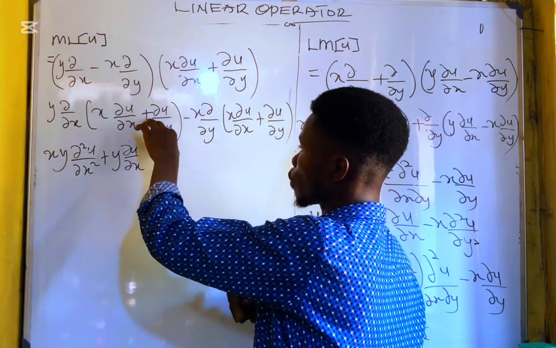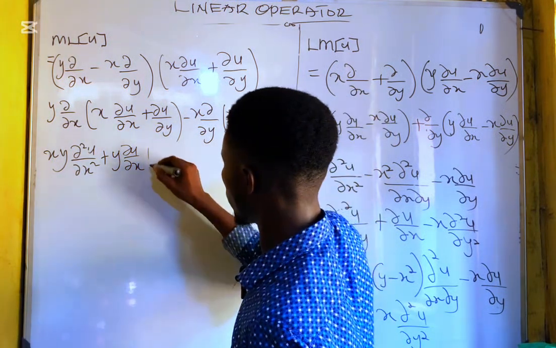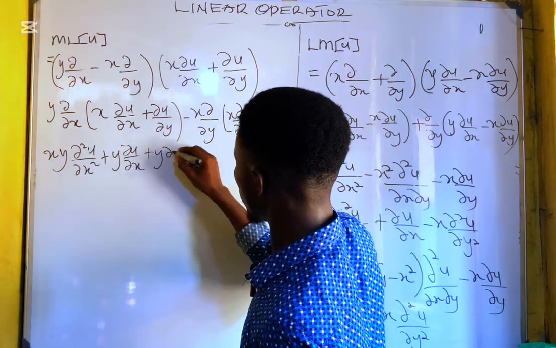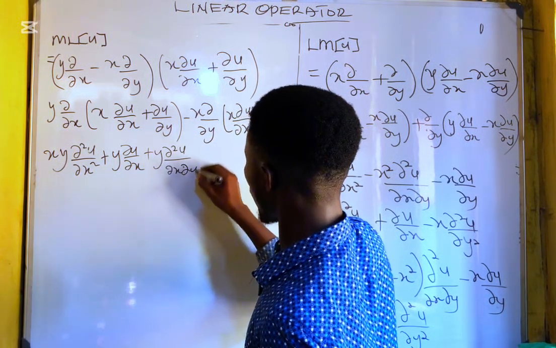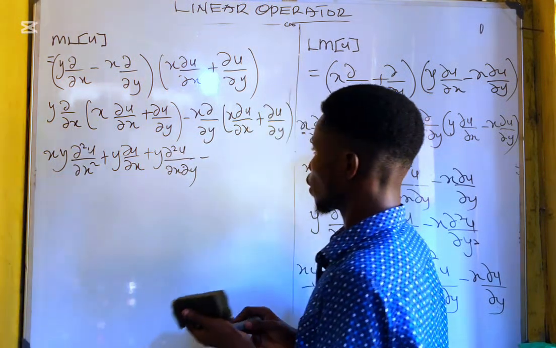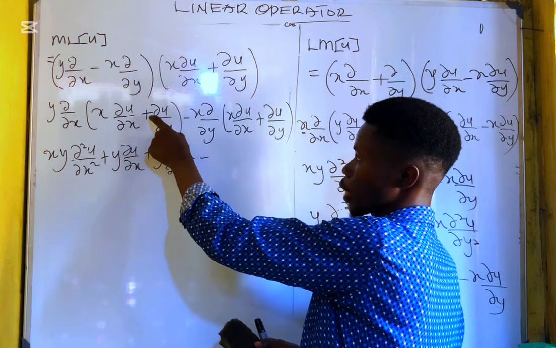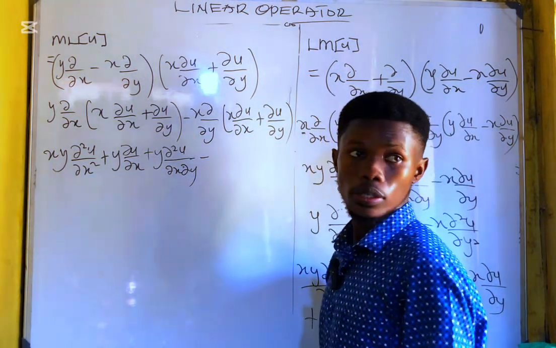So if I hold 1 and differentiate this one with respect to x, that will give me y ∂²u/∂x∂y. I don't need to do the other side because the other side is constant one. If I differentiate one, that will give me 0. So there's no need of doing that.